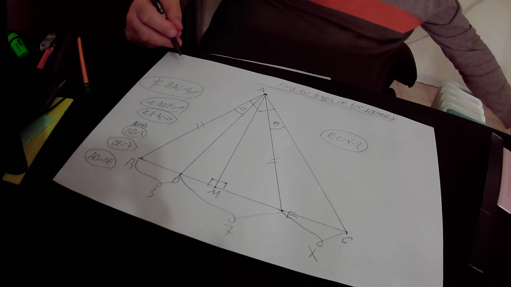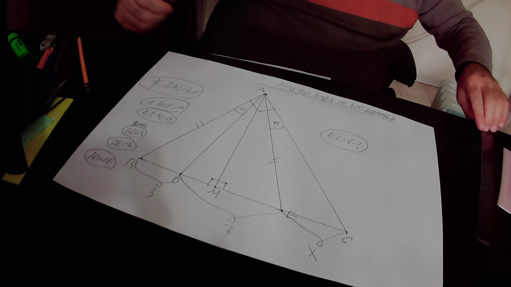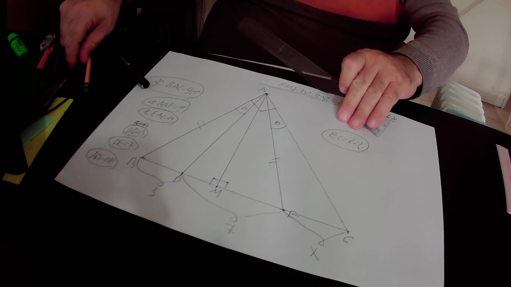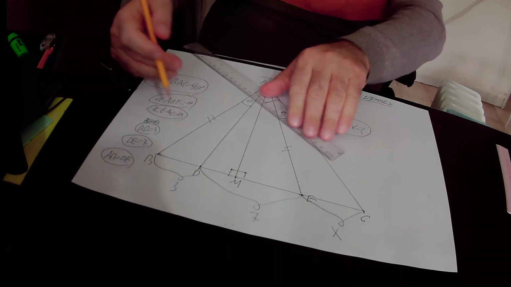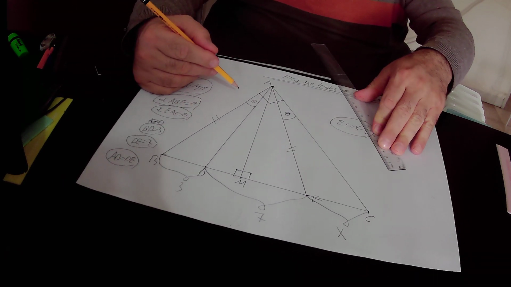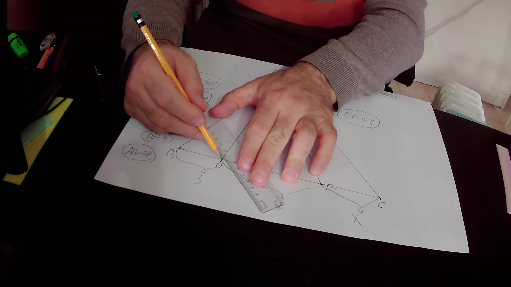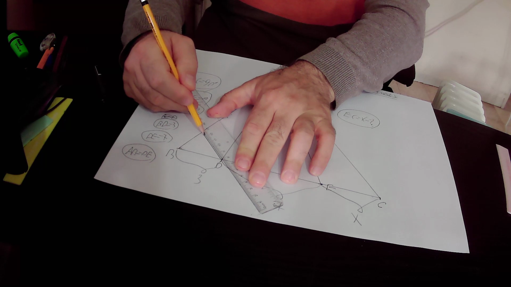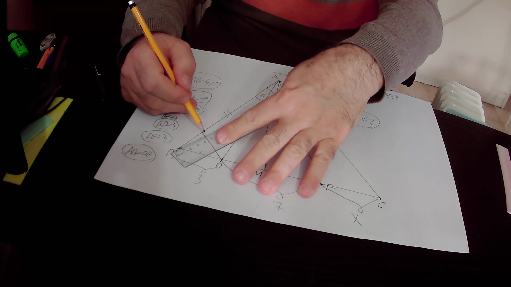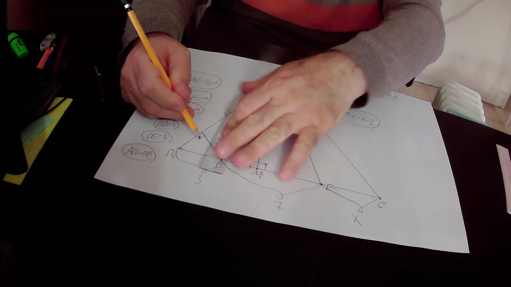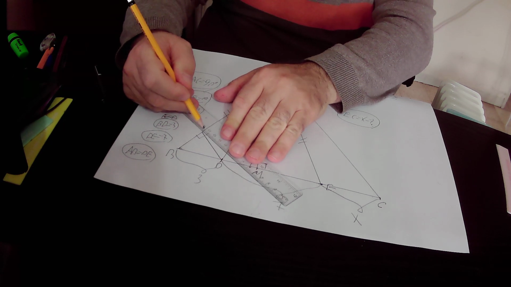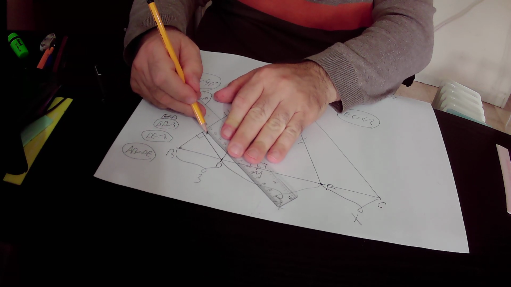The height must create 90 degrees with the base, so the height will be perpendicular to the base AB. That is to say, this is the height, and it creates 90 degrees with the base AB. This angle equals 90 degrees and this angle equals 90 degrees.